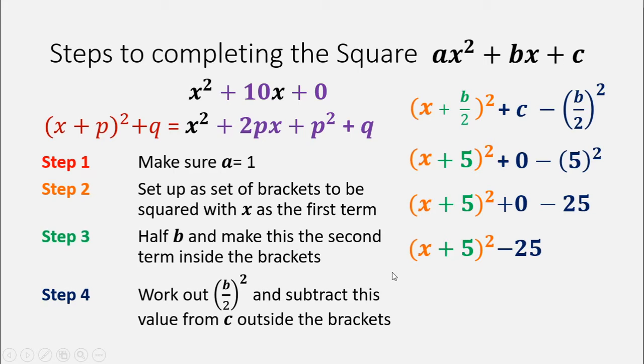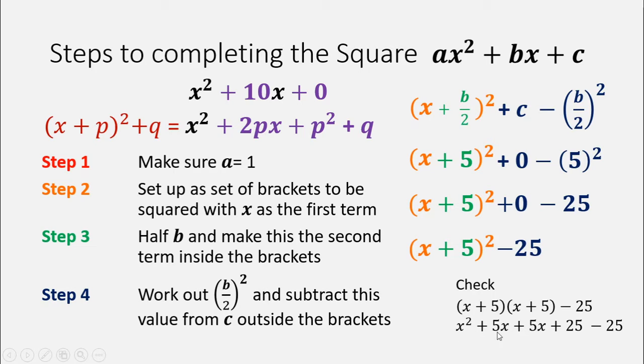Right, let me just show you the check for that to make sure that we are right here and show that I'm not lying about this. Right, so check. First of all, let's expand those brackets. So x plus 5 squared means x plus 5 times x plus 5. And don't forget about your minus 25. So that's going to be x times x, x times 5, 5 times x, 5 times 5.